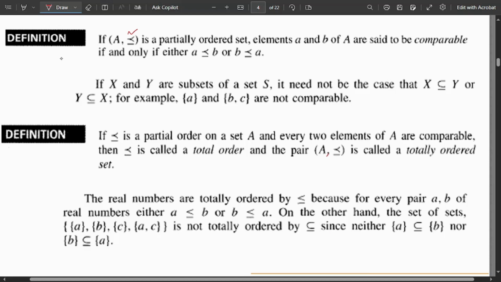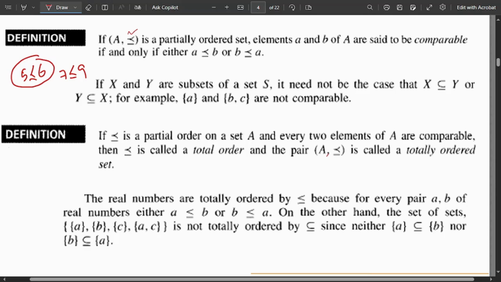For example, in the set of real numbers with the relation less than or equal to, we can relate every two elements. For example, 5 is less than or equal to 6, or 7 is less than or equal to 9. Similarly, any two elements can be related with this less than or equal to relation.